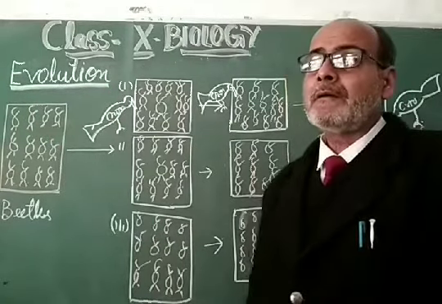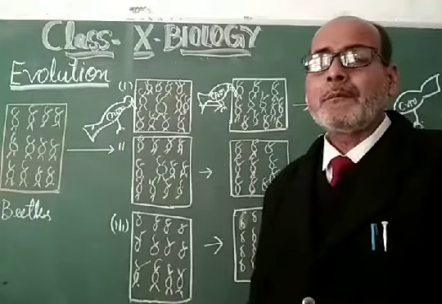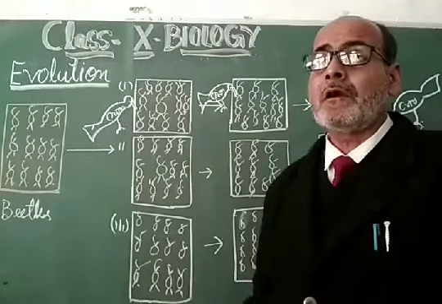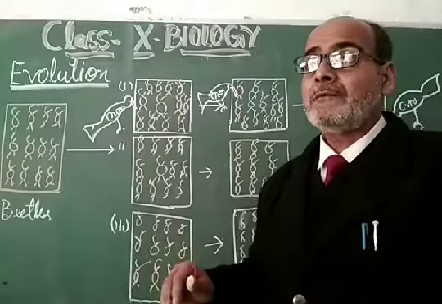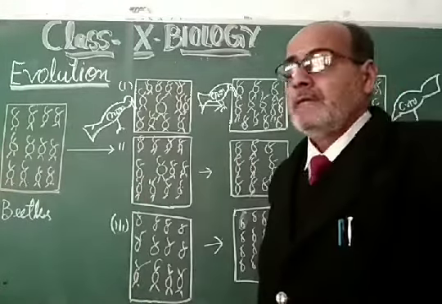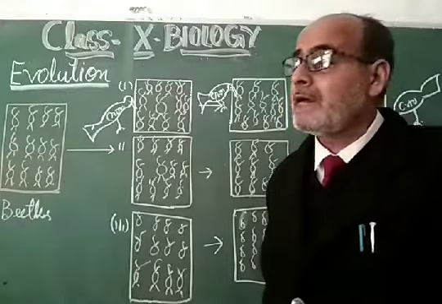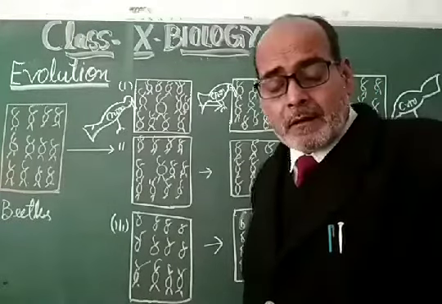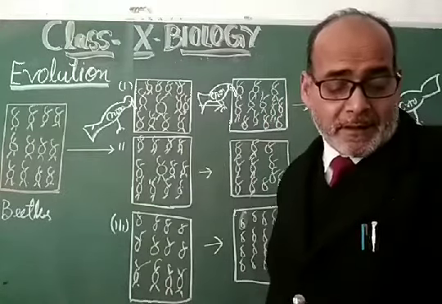So if a single-handed or single-legged person produces his own offspring, then that offspring will have two legs, because that acquired character does not transfer to the next generation, to the offspring. So my dear students, this is about acquired characters and inherited characters. So you can understand it like this.